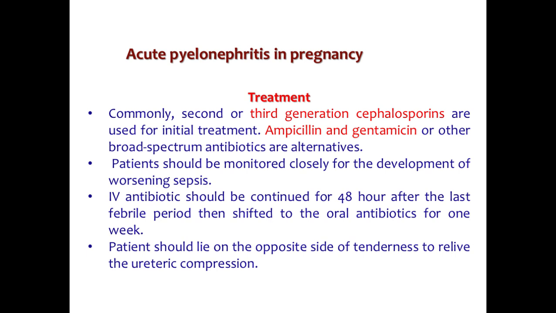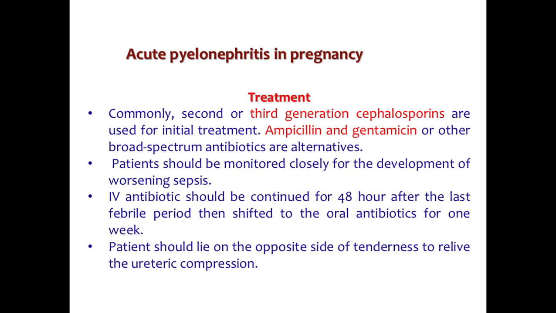Commonly, second or third generation cephalosporins are used for the initial treatment. Also, we may use ampicillin and gentamicin or another broad spectrum antibiotic. We will start with intravenous antibiotics, continued for about 48 hours after the last febrile period. Then we shift to oral antibiotics.